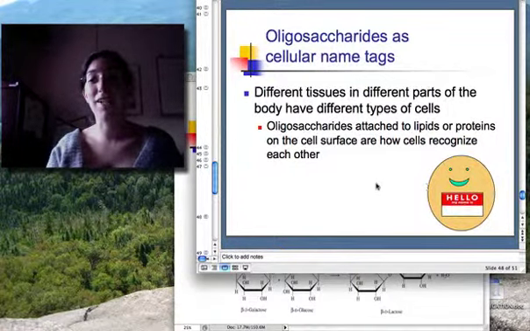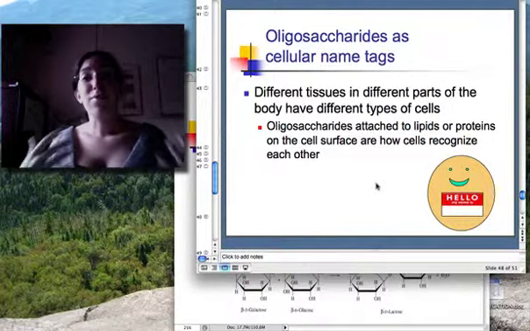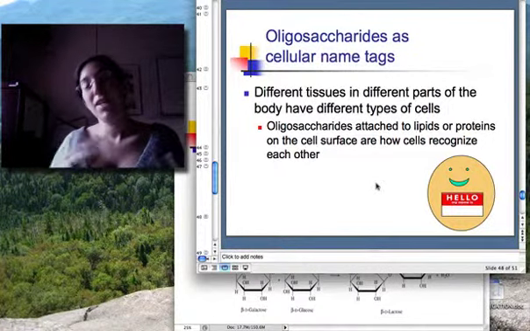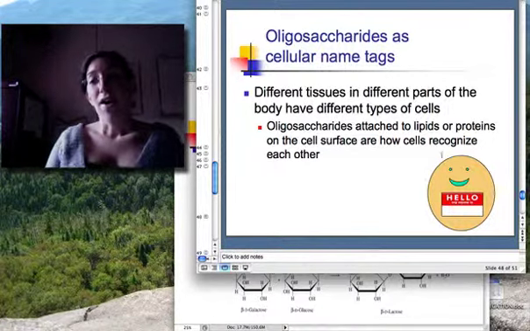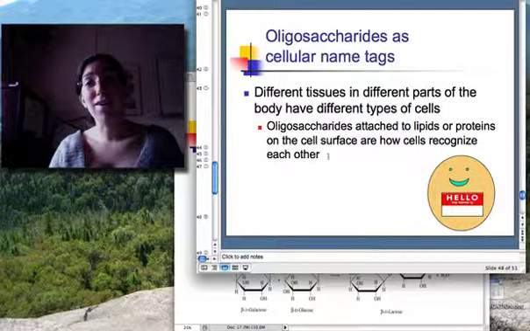So you have a cell, and it has a little name tag that says, hello, my name is liver cell, my name is nerve cell, my name is kidney cell, okay? All of the cells in our body literally have oligosaccharide tags on them that tell other cells who they are, where they're from, what they do.